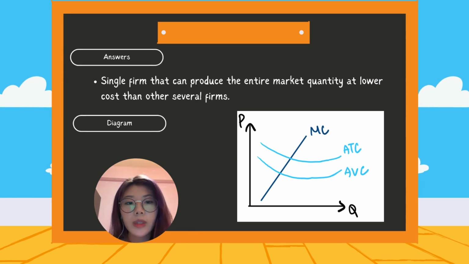So a natural monopoly is a single firm that can produce the entire market quantity at a lower cost than several firms. So in the diagram, the MC curve is an upward sloping curve, and the average cost curve is bending and parallel with the average variable cost curve. Therefore, the complete diagram looks like this.